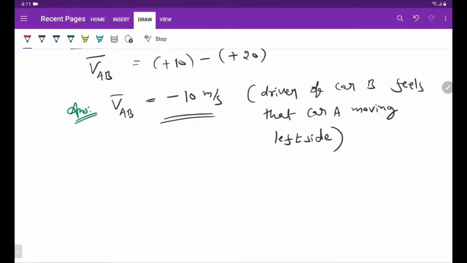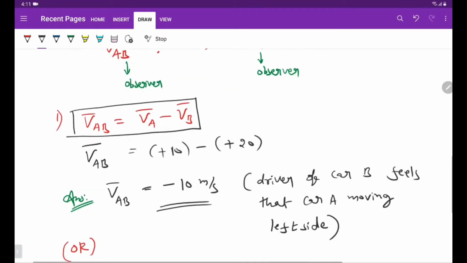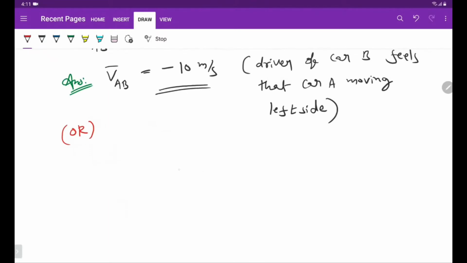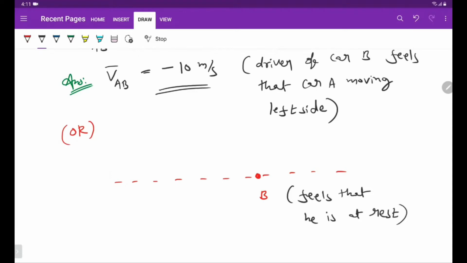We can solve the same problem like this. Actually, the observer is B here. He feels that he is at rest. The observer in car B feels that he is not at all moving. He feels that only car A is moving.